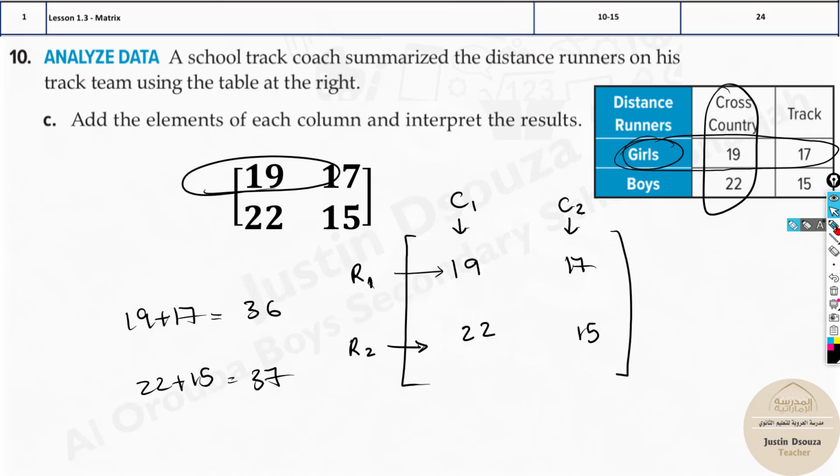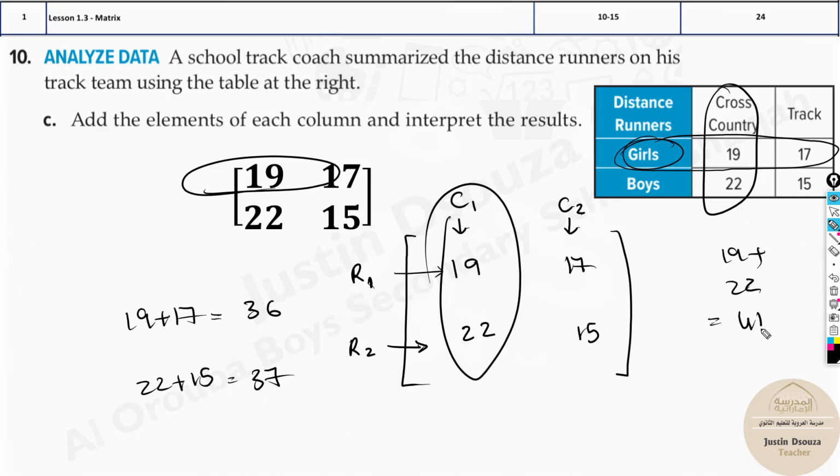So now we just did rows, now let's do columns. Columns means this one. Now let's add them up. It's 19 plus 22, that is 41. And what about the next one? It is 17 plus 15, it is 32. So now 41 of them are cross-country runners and 32 of them are basically track runners.